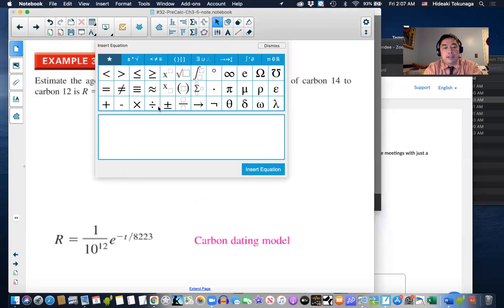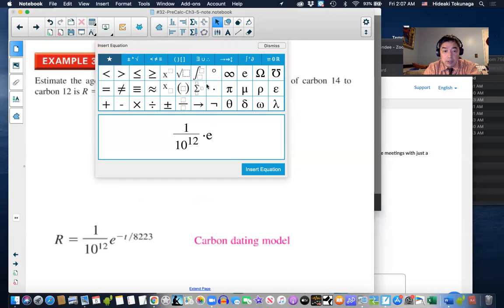So first I write down this: 1/10 to the 12th power there. The E is going here, so I put the multiplication sign here.